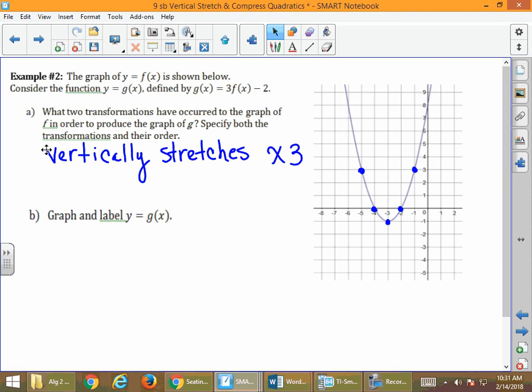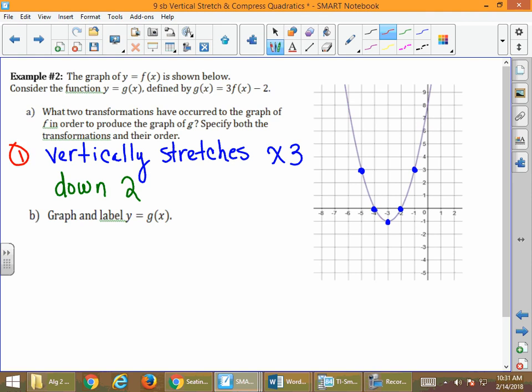We're going to go down 2 spaces. Now it says specify both the transformations in their order. So we're going to do the order in which they're written. And that's why I recommend that you start left and go right on the equations.